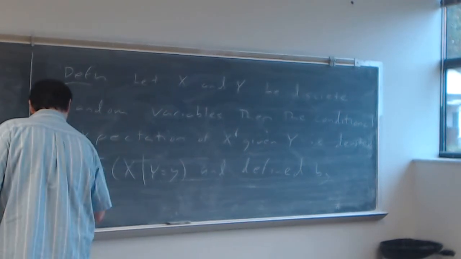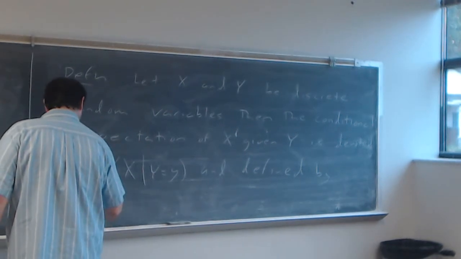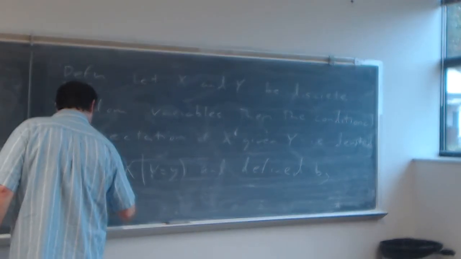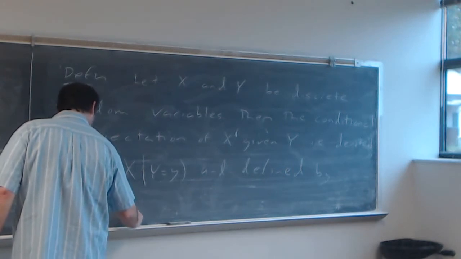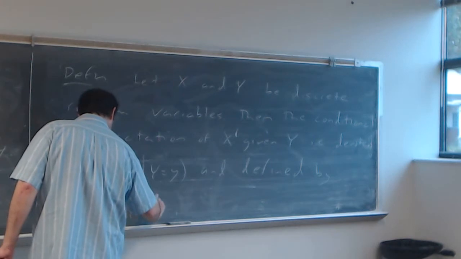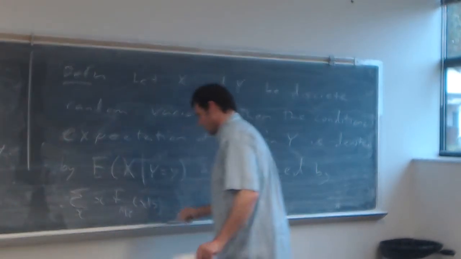It's a sum over the x values of x times the conditional PMF of X given Y. That's what it's defined to be.